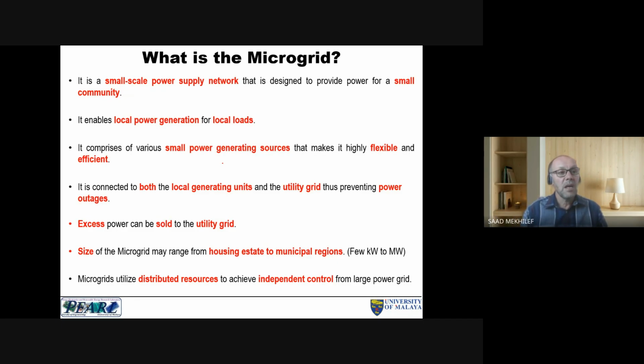And the size of this microgrid, as I say, may range from housing estate to municipal, from a few kilowatts to megawatt level. So this is the range. Because we have micro, we have pico. Micro and pico grids are at a smaller level.